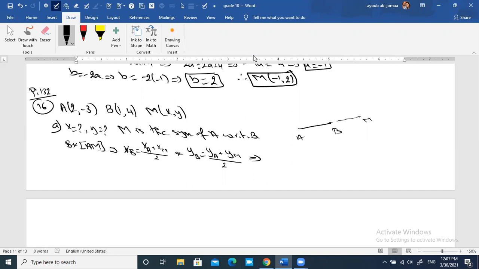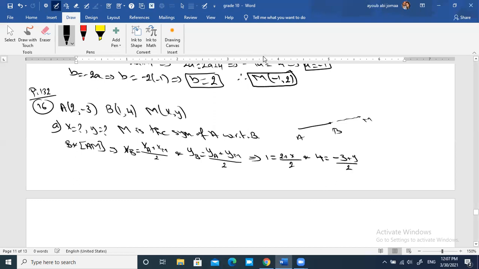What is X of B? 1. So 1 equals 2 plus x over 2, and 4 equals negative 3 plus y over 2.